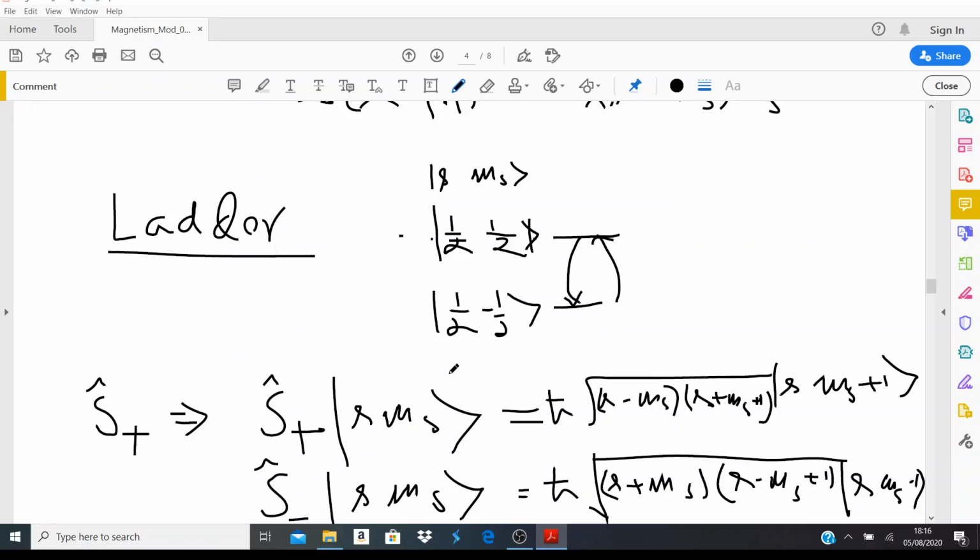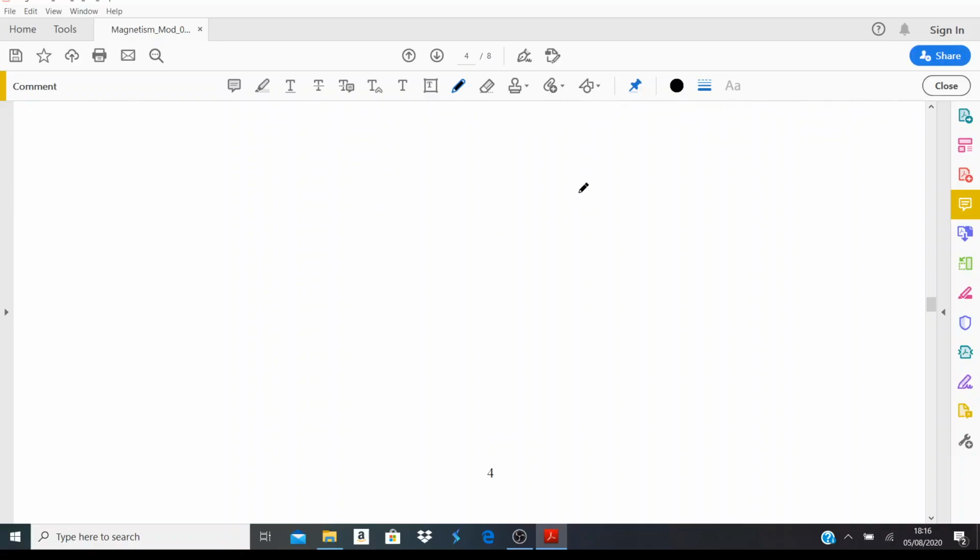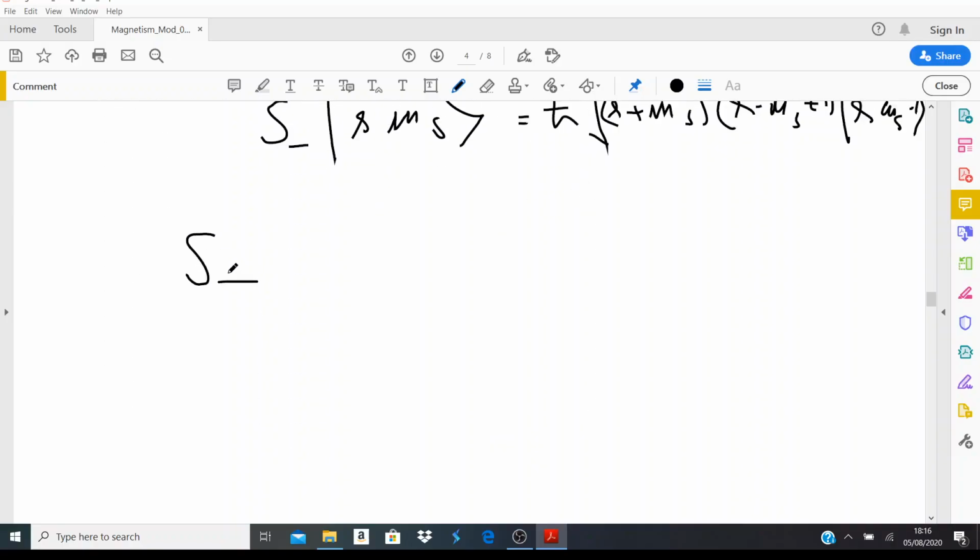Now if you are already in this state and you want to go below, you will understand there is no state below for a spin half particle, right? That's why when you are in this state, if you operate by S minus, it will produce a 0. And when you are in this state and you want to go above it, you cannot, because there is no state above. So if you operate S plus on this state, this will produce a 0 too. Usually the way we denote this is that when S plus operates on a state where mS is already at the highest value, this will be a 0.